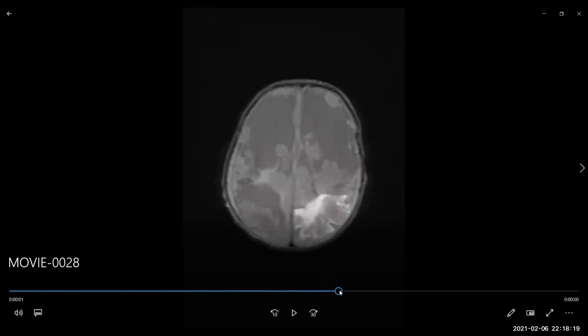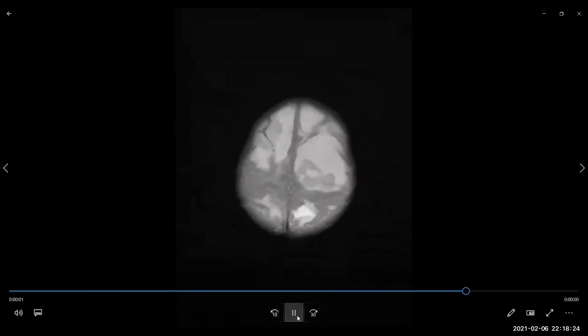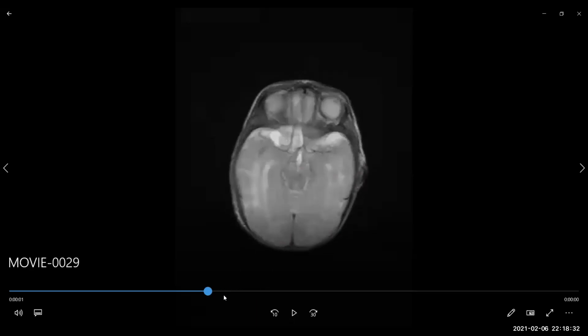So this was the case of multiple cerebral abscesses with liquefaction of the white matter. These were the abscesses, these four in the frontoparietal, the parieto-temporal, and parieto-occipital lobes, and this is the liquefaction, proteinaceous material within them.